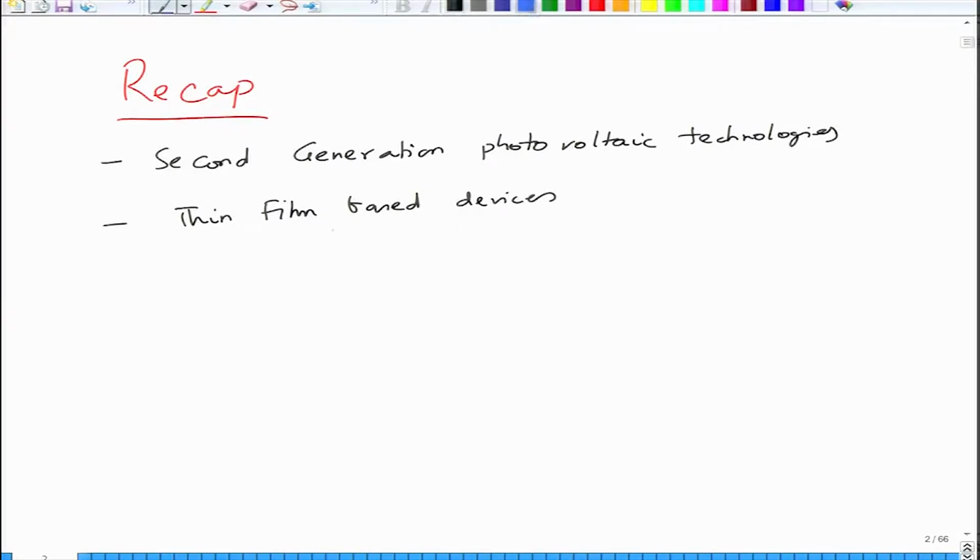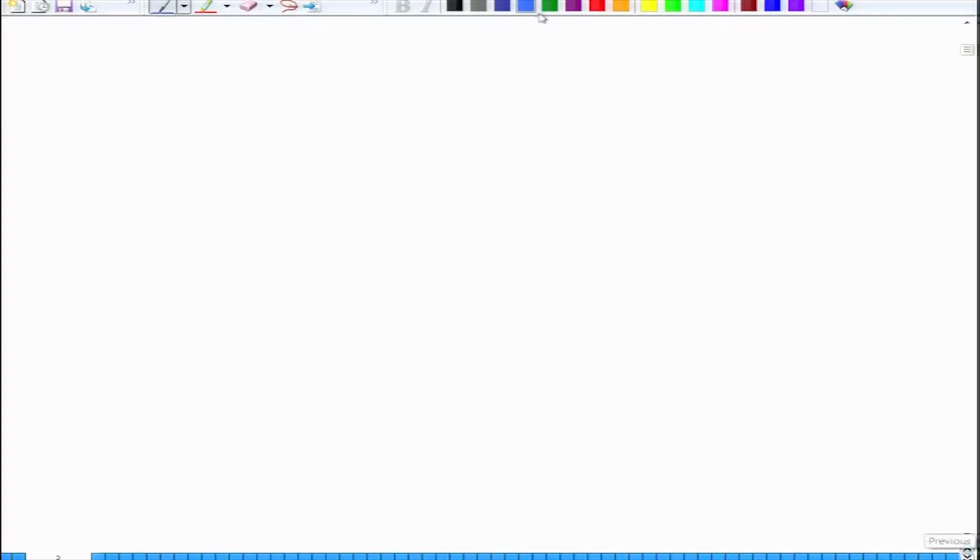In this category we mainly studied amorphous silicon solar cells, cadmium telluride based solar cells, then copper indium gallium selenide based devices, and then finally we looked at multi junction. These are primarily four technologies that we talked about in the last few lectures. So, now we will move on to the third generation technologies.